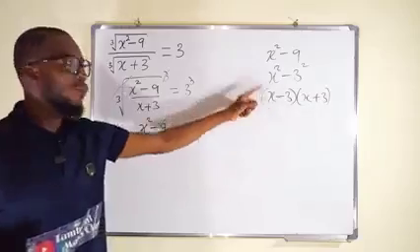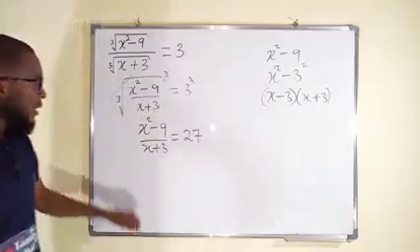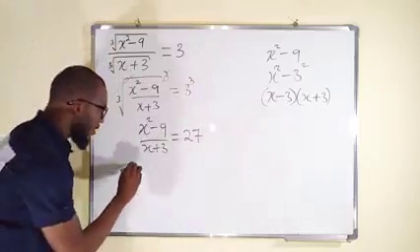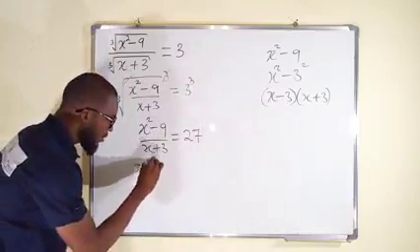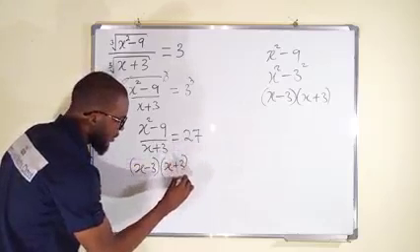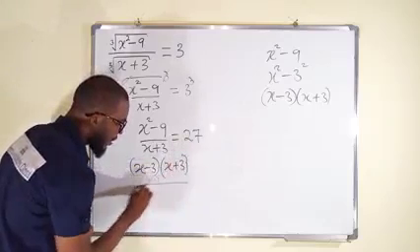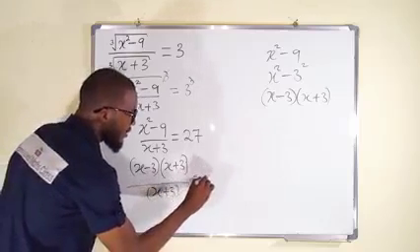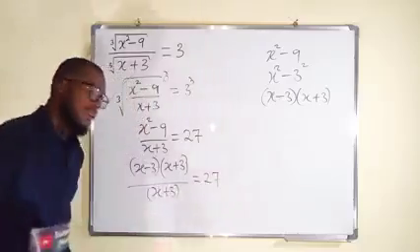This is the factorized form of this. Therefore, we can replace this with that. We have x minus 3 multiplied by x plus 3 divided by x plus 3. To the right, we still have 27.